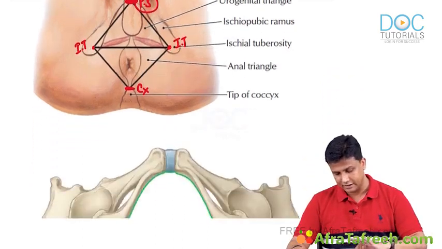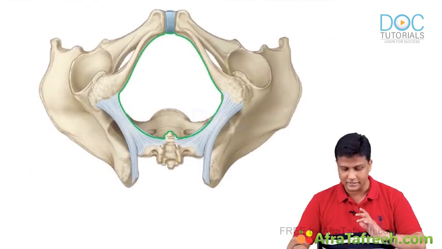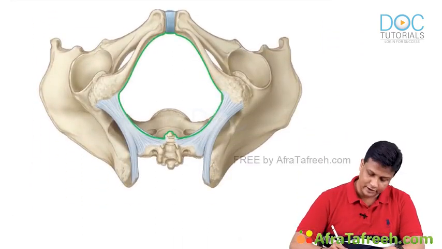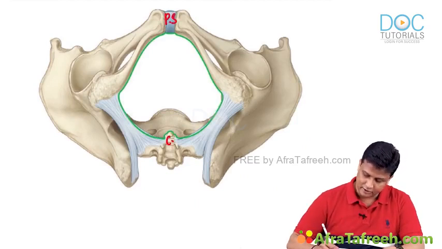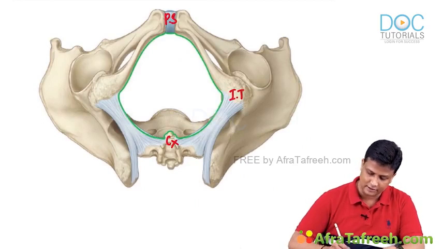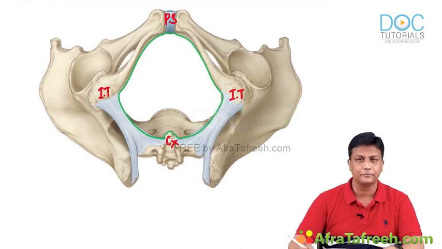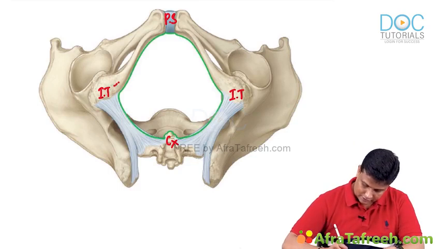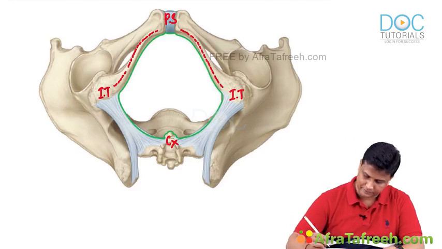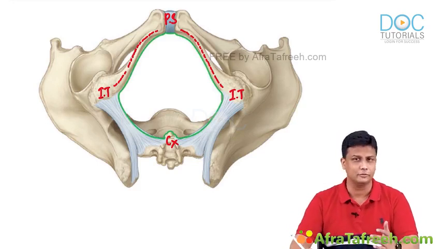The same thing, if I just want to represent here, it will be something like this. What do you have anteriorly here? Pubic symphysis. And what is present posteriorly here? Coccyx. This will be the ischial tuberosity here, and this will be the ischial tuberosity here. And this is the ischiopubic ramus, between the ischial tuberosity and the pubis.